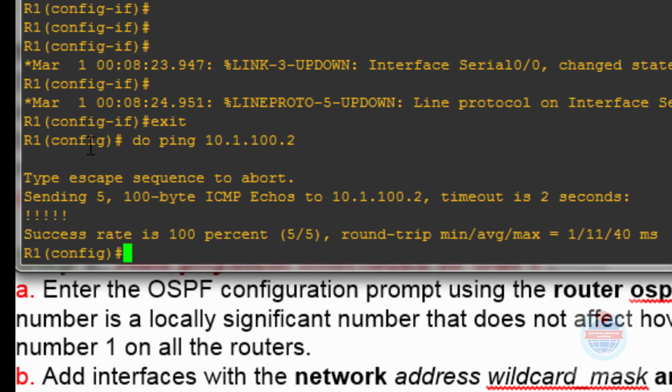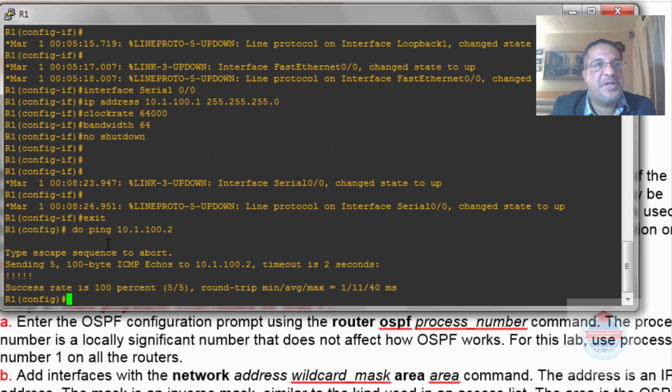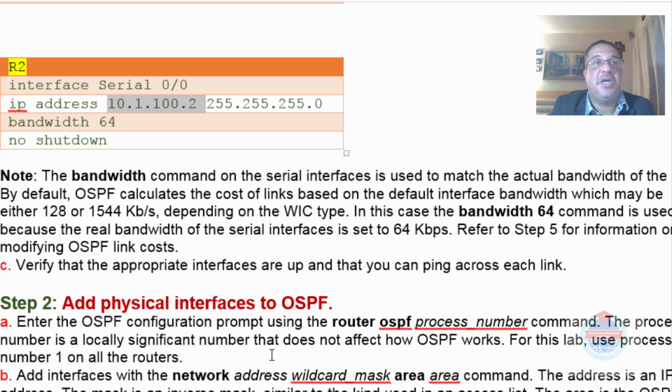Remember that before you do that, you need to be on... I put do ping, so it means that it's one level down. I think it wouldn't be in privilege mode. So let's do this. I know that it's gonna be the same thing on R3, so I don't want to waste your time. So far, everything is successful. Great, guys.